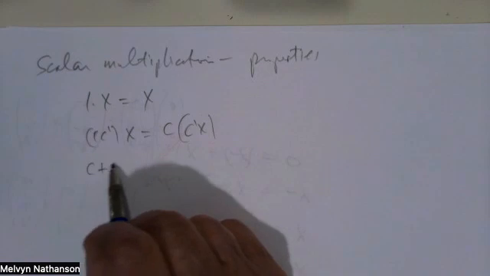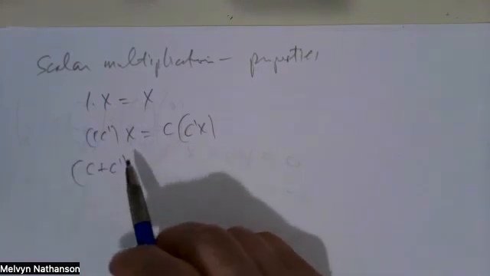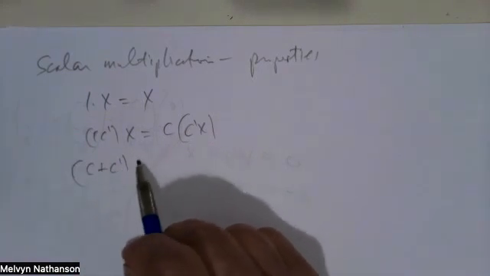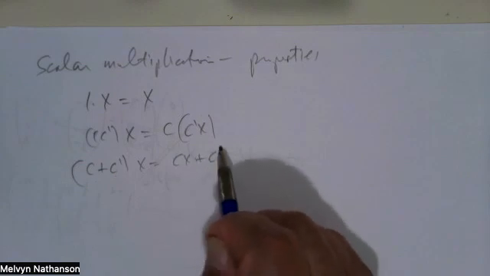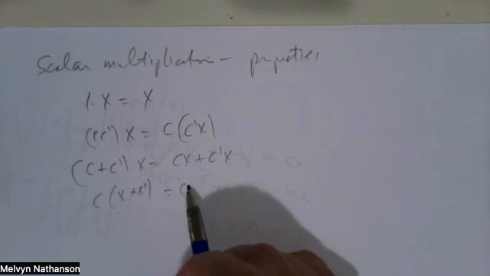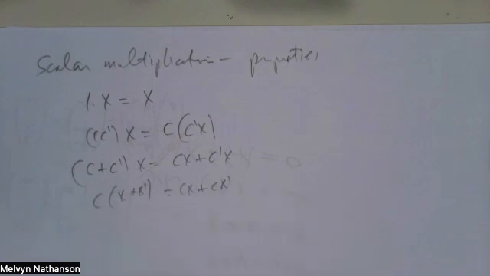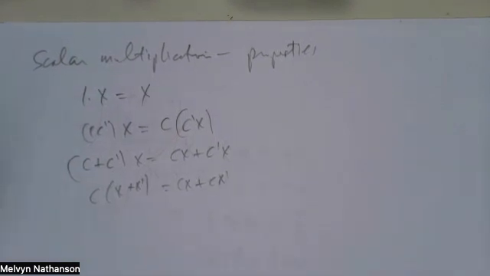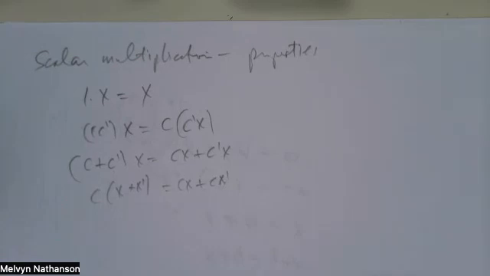And there are distributive laws for scalar multiplication. c plus c prime times x is cx plus c prime x, and c times x plus x prime is cx plus cx prime. So all the nice things you do normally in arithmetic, you can do with vector addition and scalar multiplication.